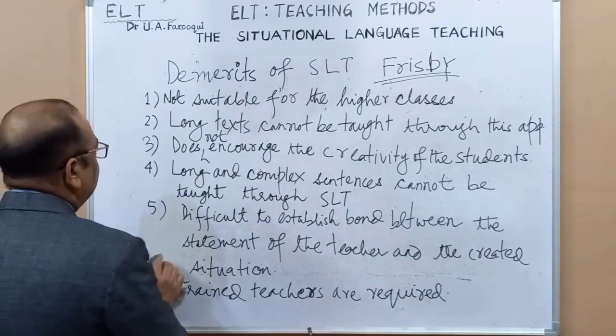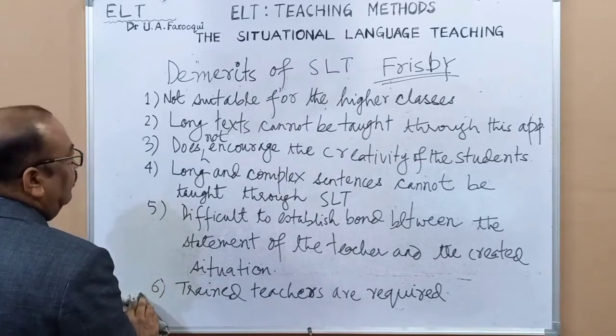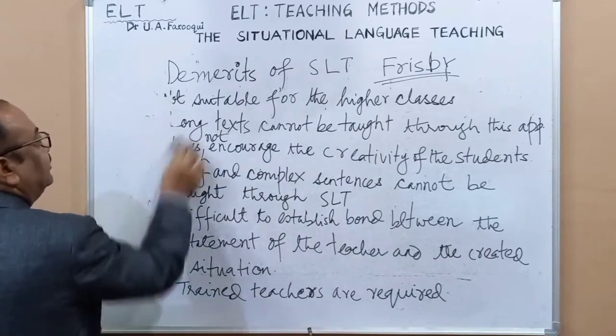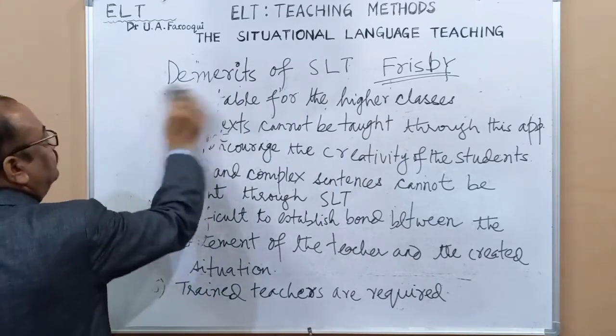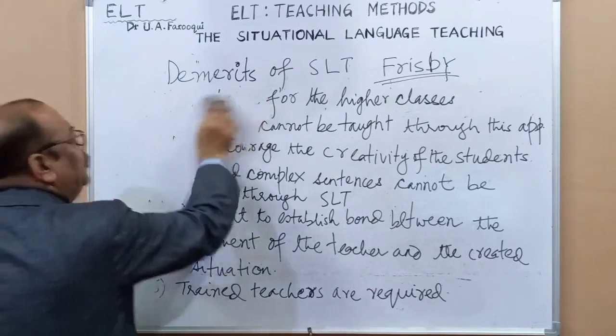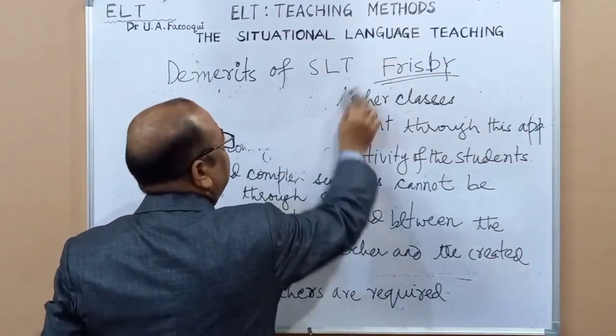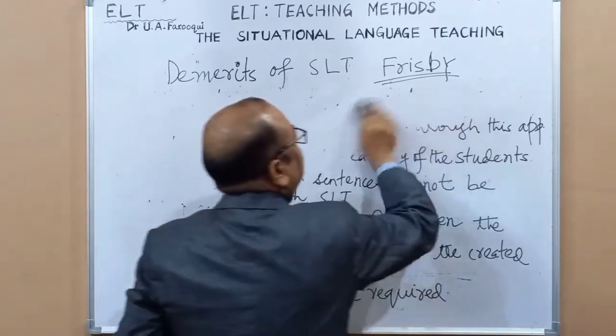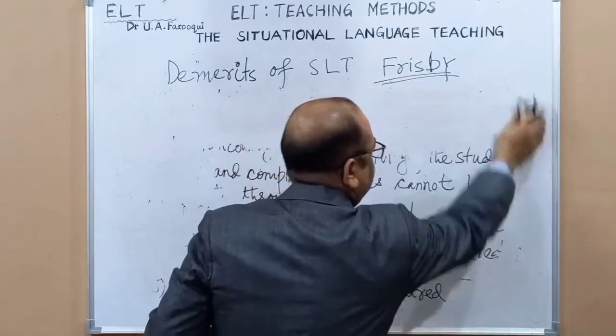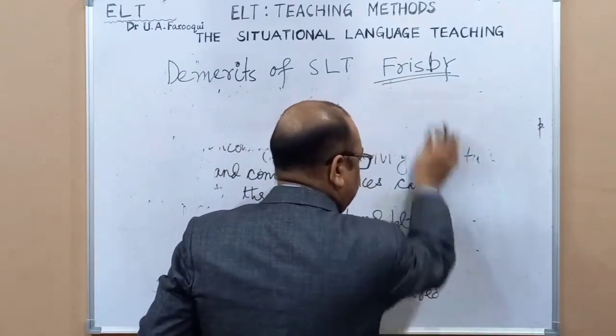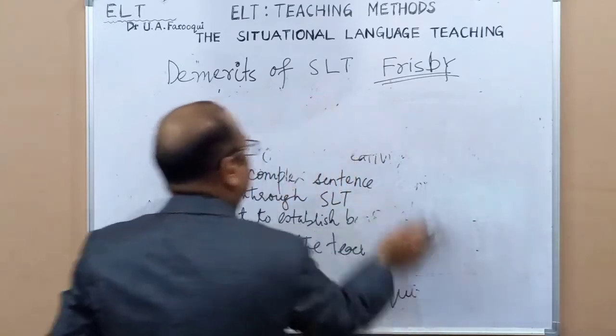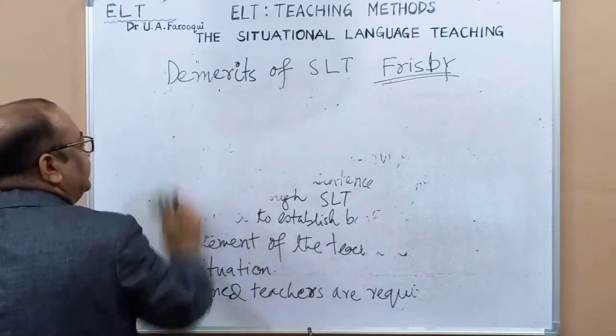And yes, I'm reminded of one more, and that is important here. This approach is based on behaviorist theory. Is it not? Behaviorist theory. That was the first principle that we discussed.